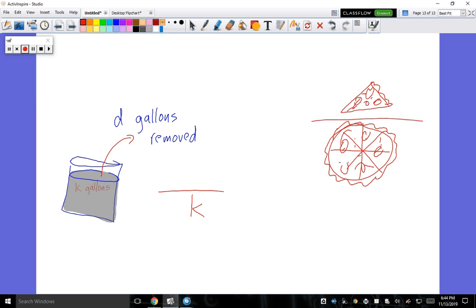Because it says, in terms of K and D, what percent of the gasoline has been pumped? Like, we want to know what percent has been pumped. What percent has been pumped, guys? If I put K minus D, is this how much has been pumped?